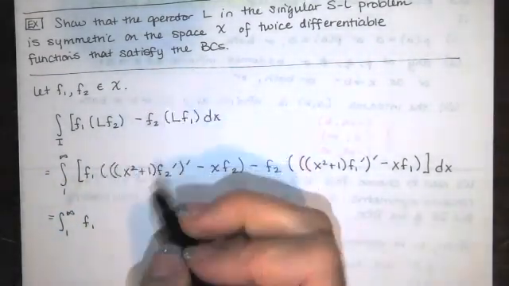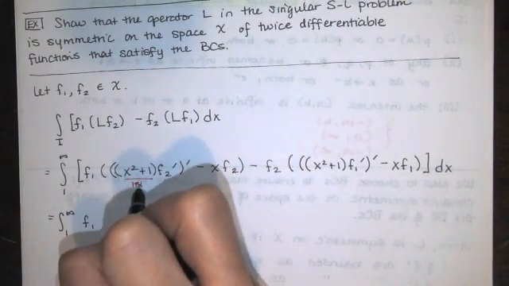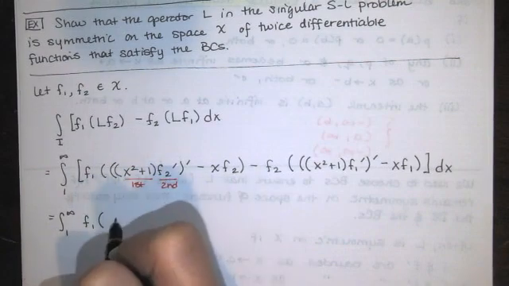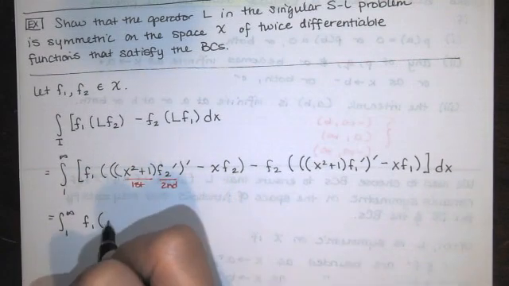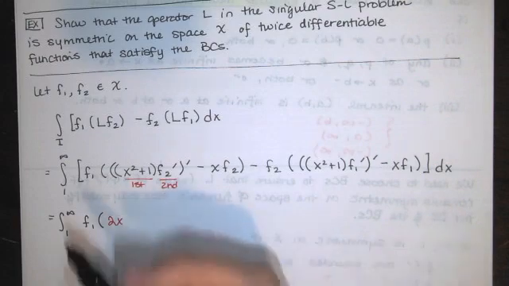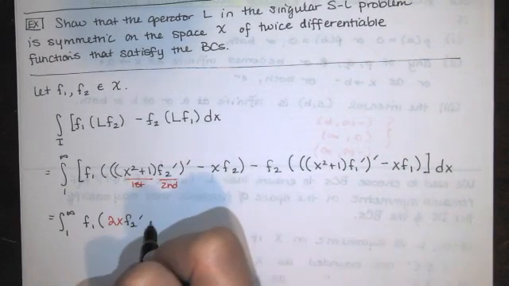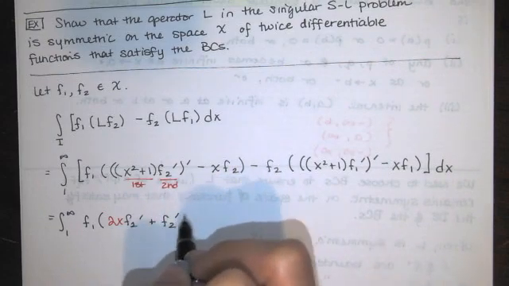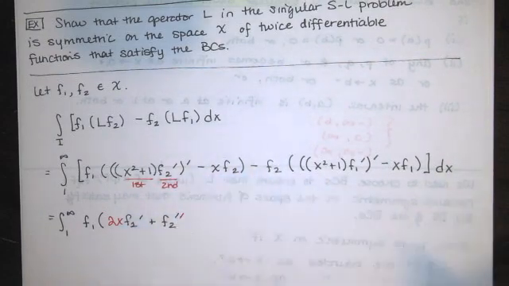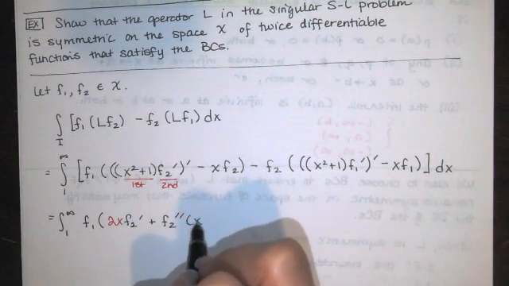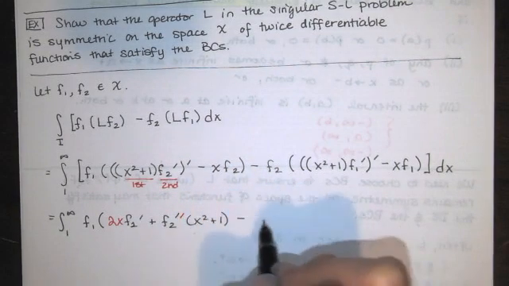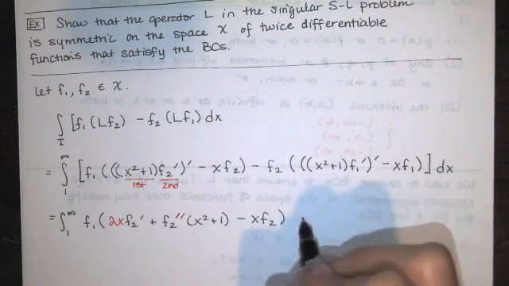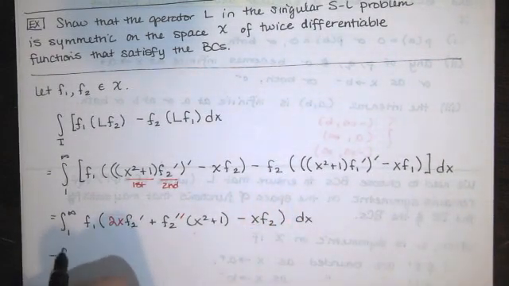Again, if I use the product rule here, it's my first function and there's my second function. We'll have this derivative of the first times the second plus derivative of the second times the first. I'll just put a dx on that.